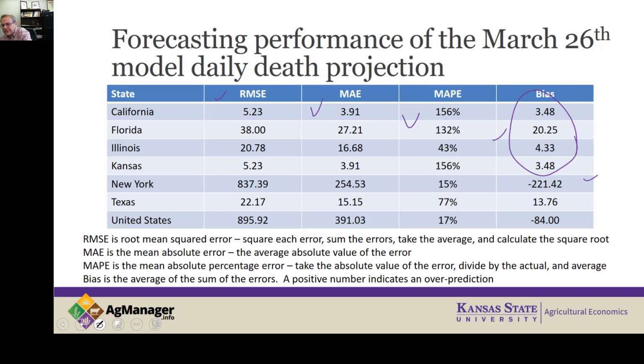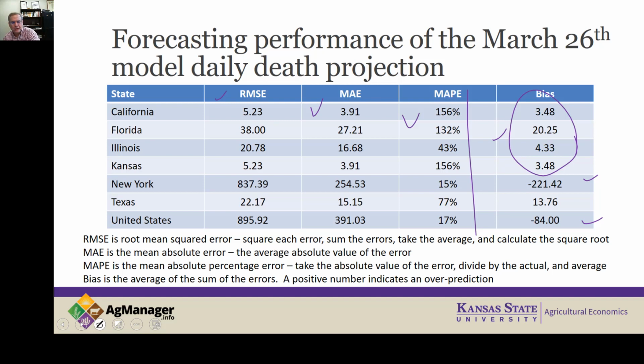You'll see that this is different for the U.S. and in New York, and most of that is affected by the revision in data. If you compare these numbers with last week, last week they were positive. In this case, they were negative. In terms of the mean absolute percentage error, you can see that some of those are pretty high.